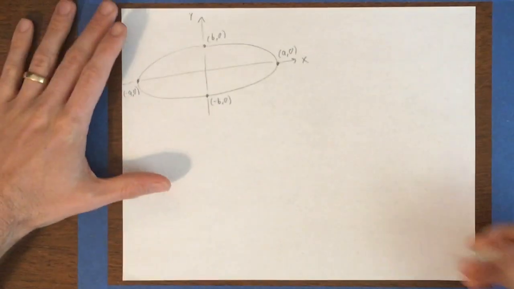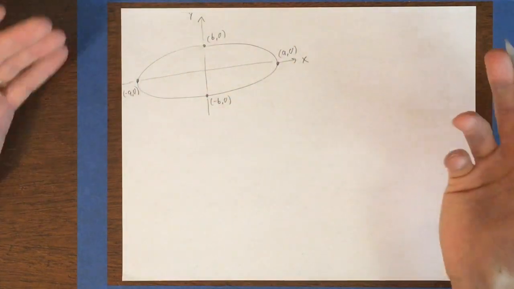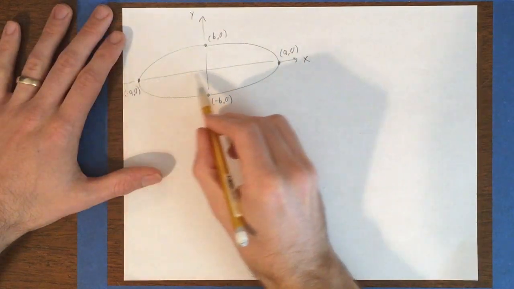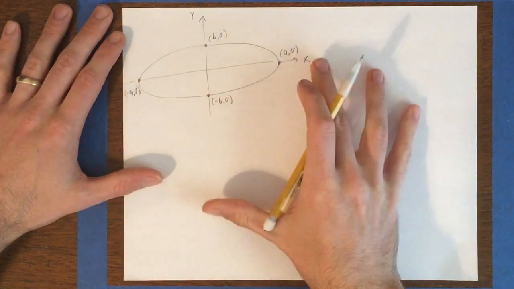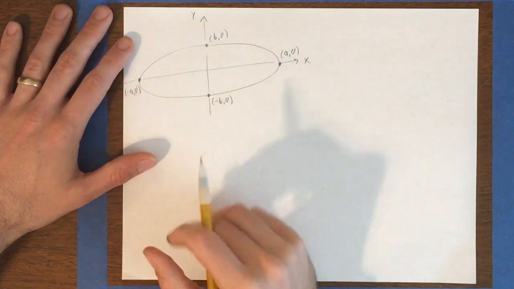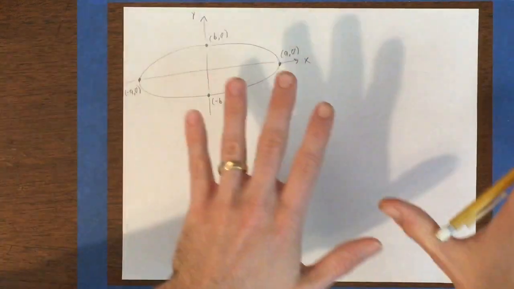So I'm going to plot some foci in there. For this ellipse right here, first of all, the foci are always going to be inside the ellipse, and they're always going to be on the major axis. This ellipse I've drawn is centered at the origin. We're just going to keep it centered at the origin for now to keep things simple, but all these points could be shifted elsewhere if you move the center.